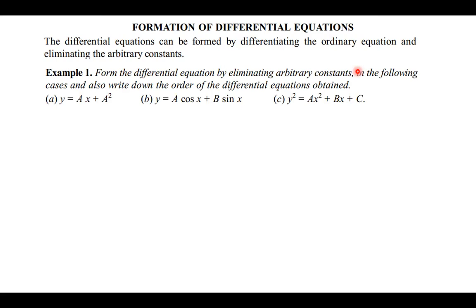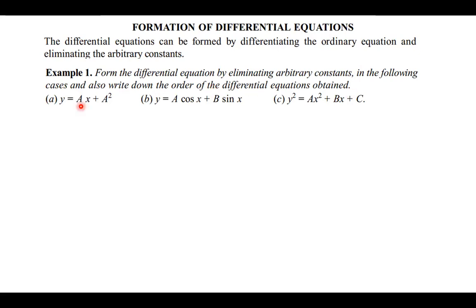This is example 1. The question says: form the differential equation by eliminating arbitrary constants in the following cases, and also write down the order of the differential equations obtained.